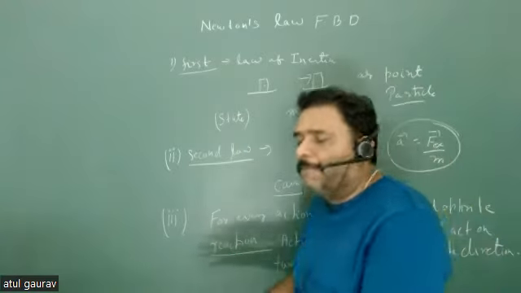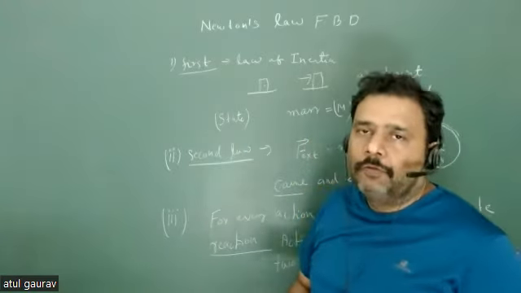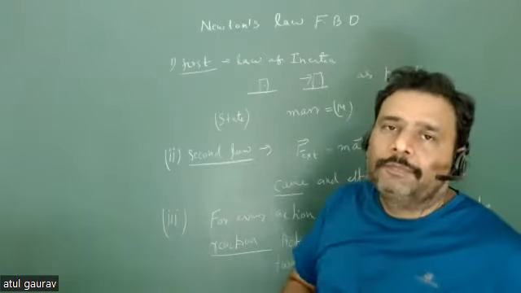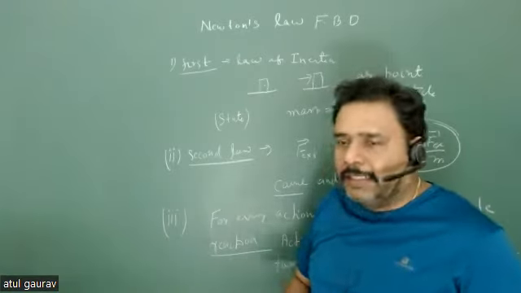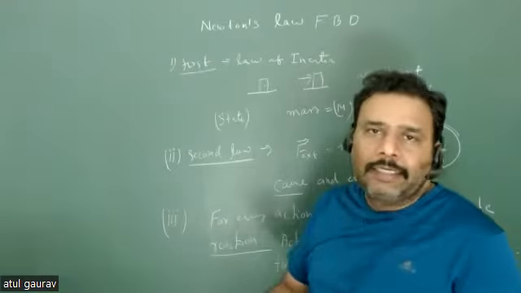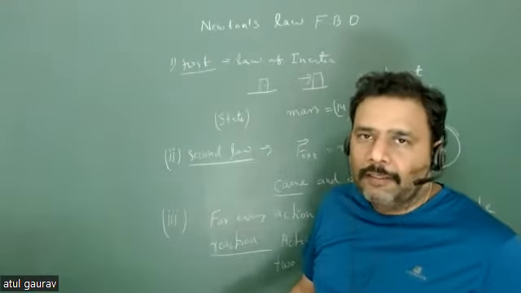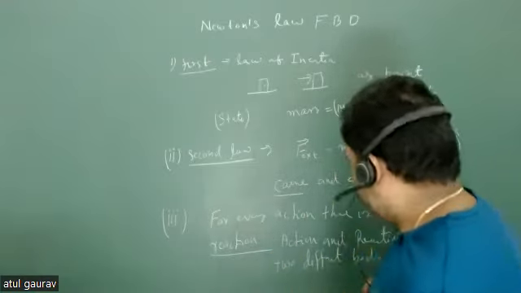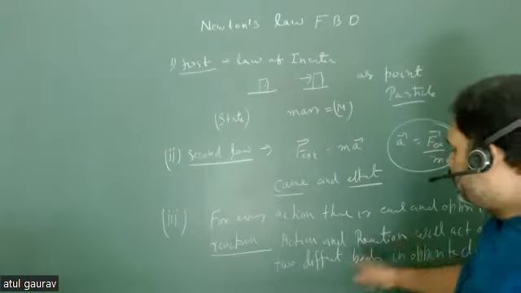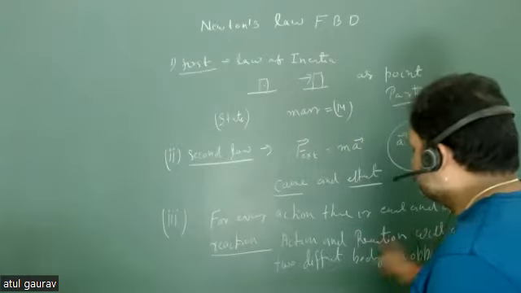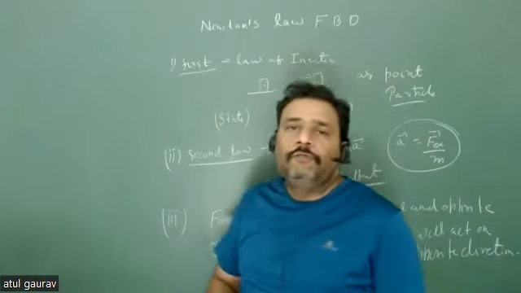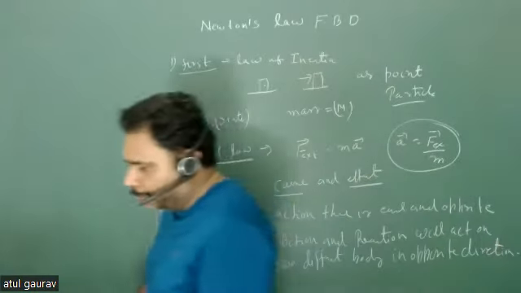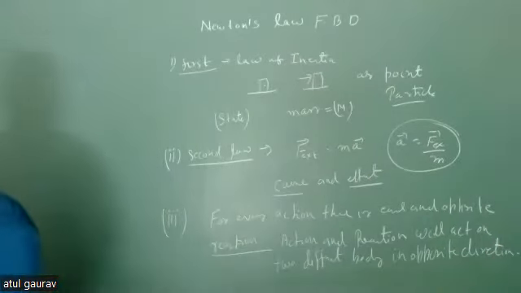So if there is some action, there must be some reaction. You cannot say that action तो हो रहा है लेकिन reaction नहीं हो रहा है. Okay? And obviously for problem solving, you have to always take care that this will act on two different bodies. Okay? यहाँ तक कुछ पूछना है?